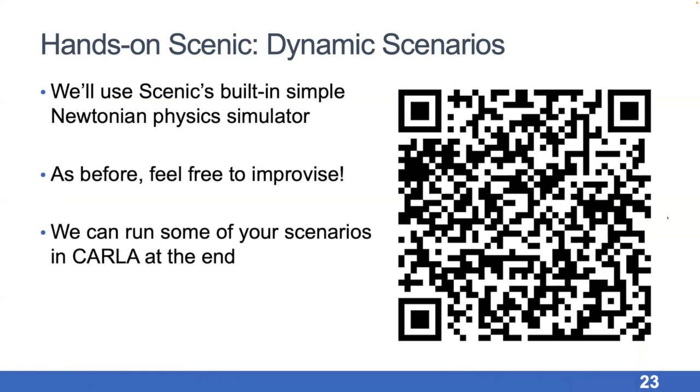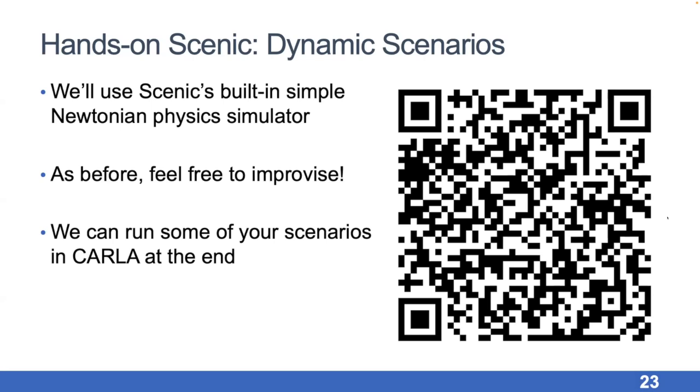So you don't need any extra dependencies to use it. You might notice the physics is not very sophisticated, but it's enough to get an idea of how these work. And then what we can do, if we have time, if anyone has written some interesting scenarios, I've got a remote desktop connection to a server where we have Carla, so I can run some of them in Carla if you want to see what that looks like too.